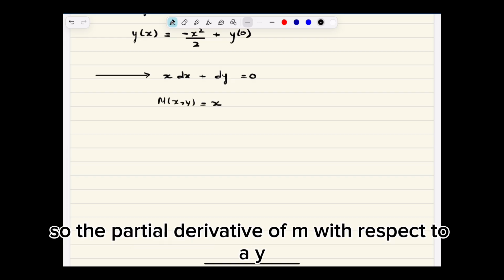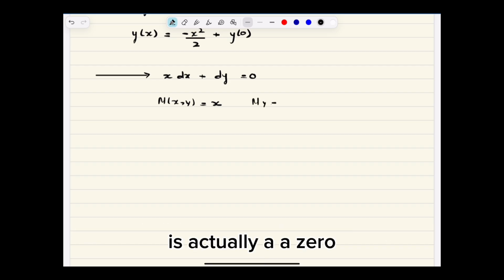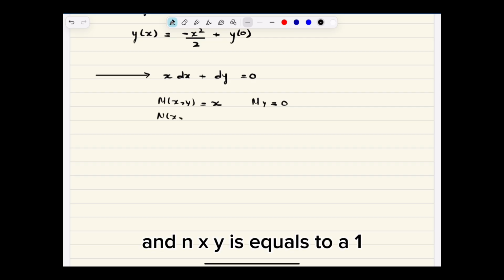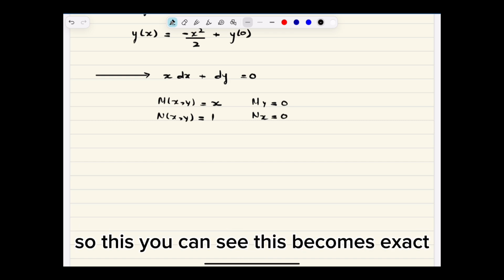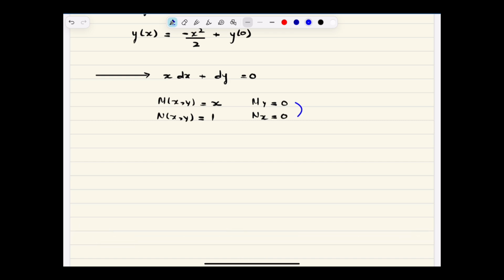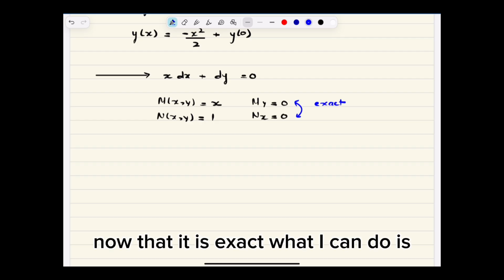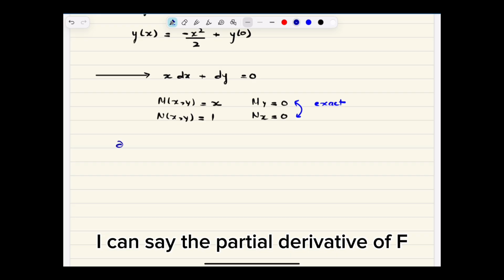So the partial derivative of M with respect to y is actually 0, and N of x y is equal to 1. So the derivative of N with respect to x is 0. So you can see this becomes exact. Good for us.